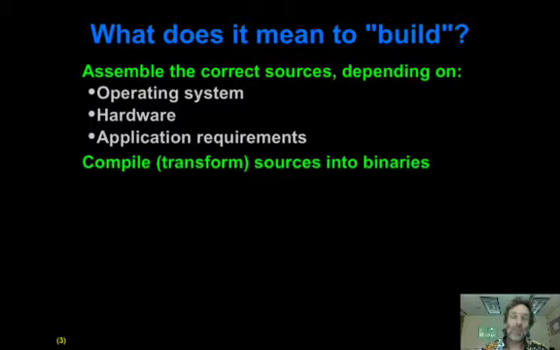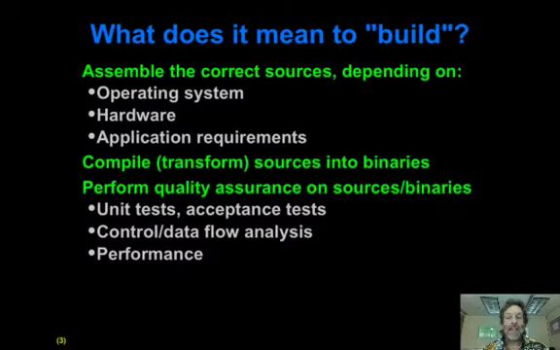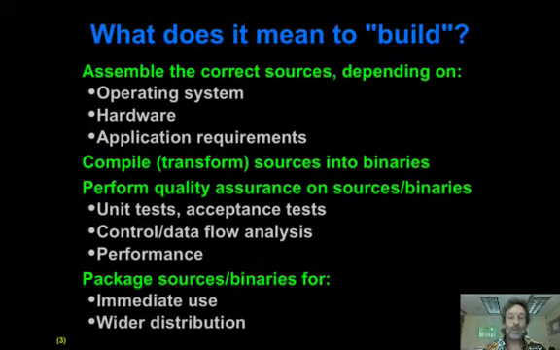Once you've figured out what sources and resources you're going to use, you want to transform them into executable code. And as well, you want to be performing quality assurance on the software. That means maybe running tests to make sure it's actually satisfying the requirements, doing analyses on the source code, using control and data flow analysis to look for potential defects, maybe doing performance analysis and so forth.